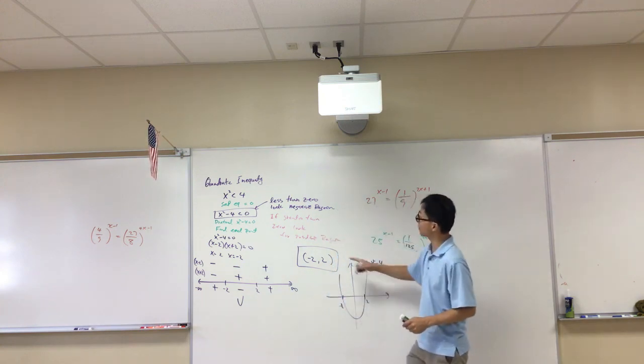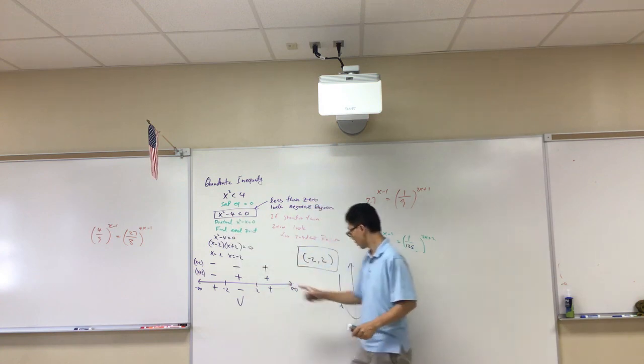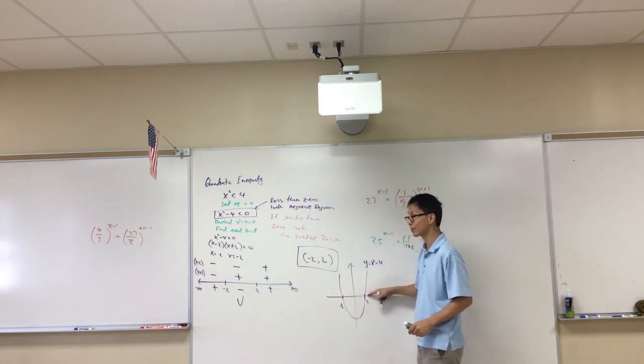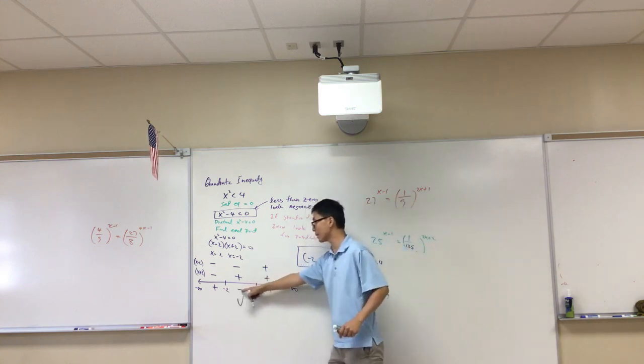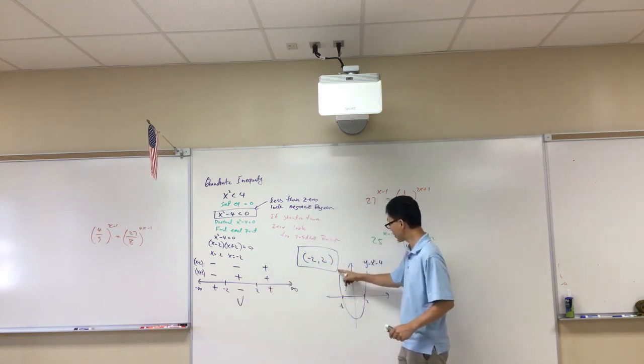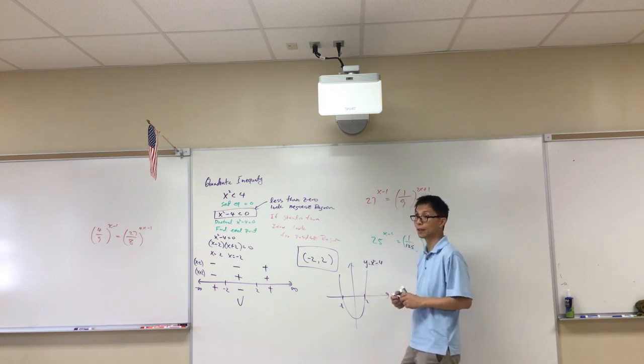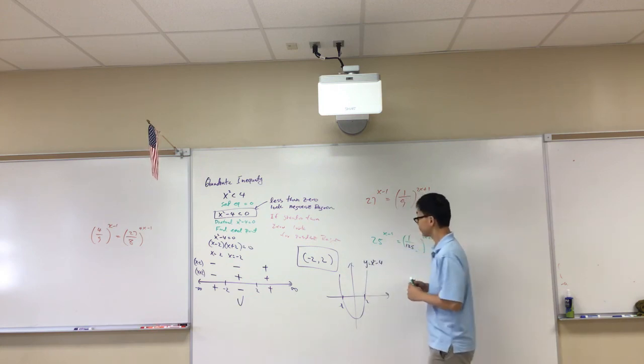You're going to see only this part is below the x-axis. So that's the only part that's going to be the negative region, and this part is going to be the positive region. So the answer is from -2 to 2.